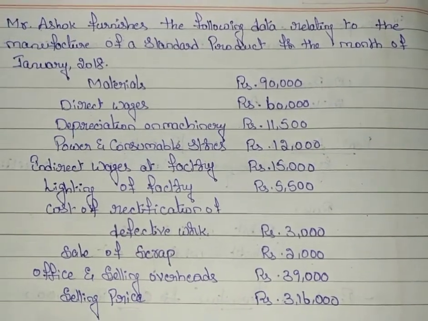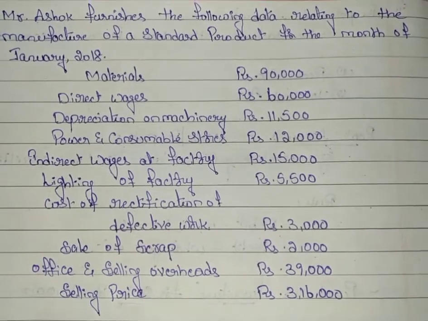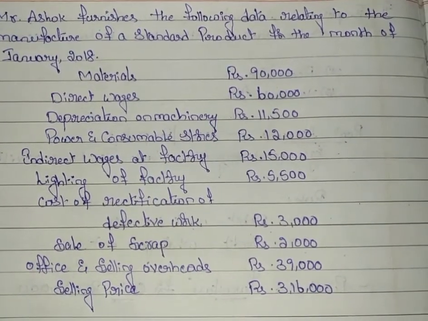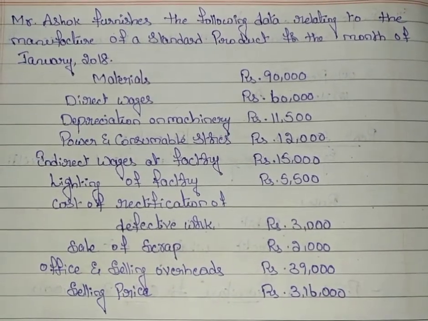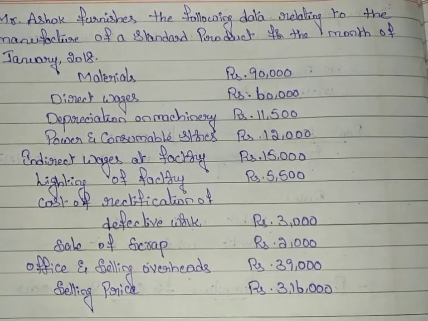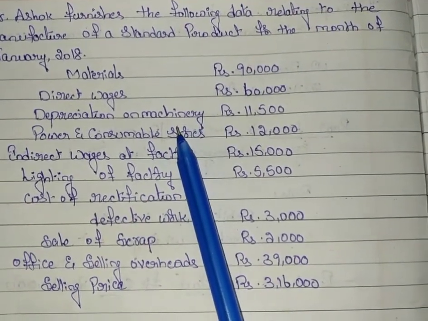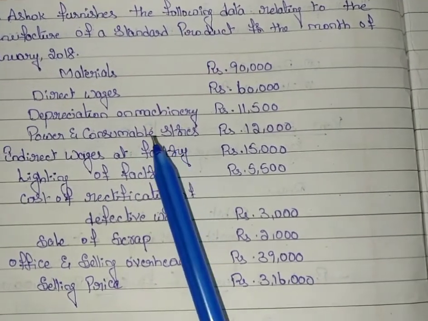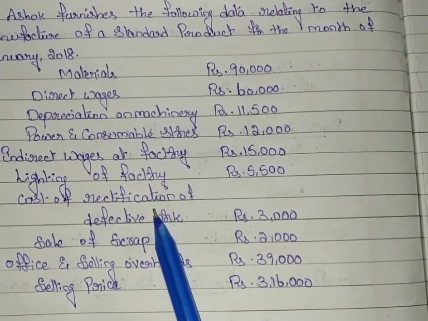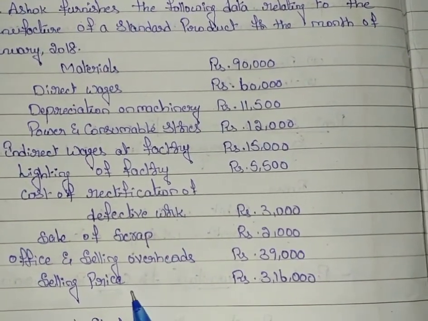In the previous video we have already seen the specimen, that is the format of the cost sheet, what items should be considered, and what the procedure for preparing the cost sheet is. Now they have given materials, wages, depreciation on machinery, power and consumable stores, indirect wages at factory, lighting of factory, cost of rectification of defective work, sale of scrap, office and selling overheads, and selling price.